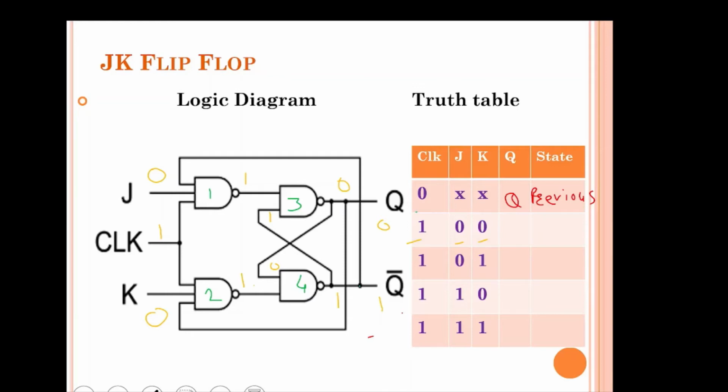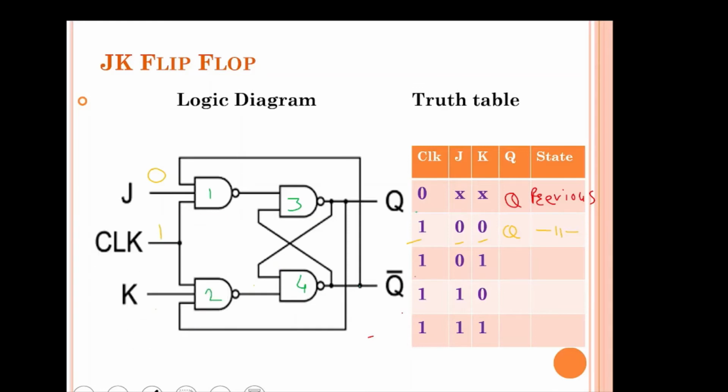So for this we have to write that it is again Q, or we can say there is no change or there is a previous state. Then we have to check for the next input combination.